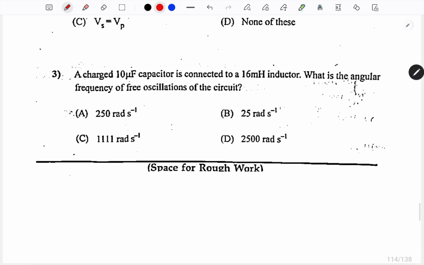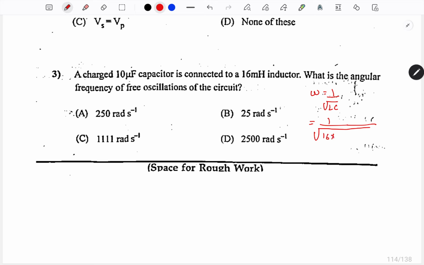Next question. A charged 10 microfarad capacitor is connected to a 16 millihenry inductor. What is the angular frequency of free oscillations of the circuit? For free oscillations, omega is equal to 1 upon under root LC.